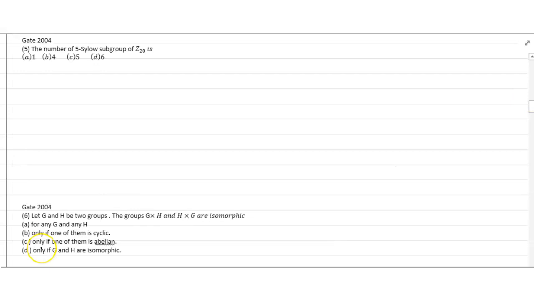So friends, I am trying to solve GATE 2004. The number of 5 zero subgroups in Z20 is... So friends, you will see that this is Z20, and a 5 zero group has number 1 plus 5k, where k belongs to integers, by the Sylow theorem.